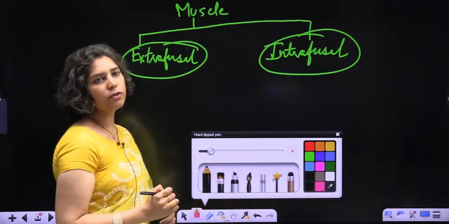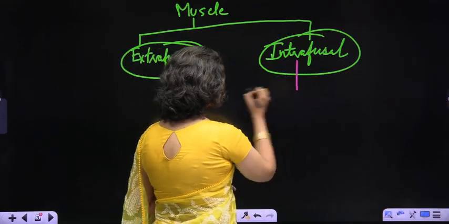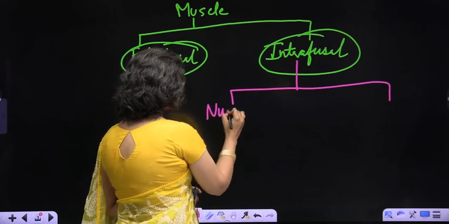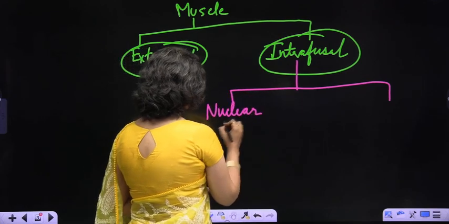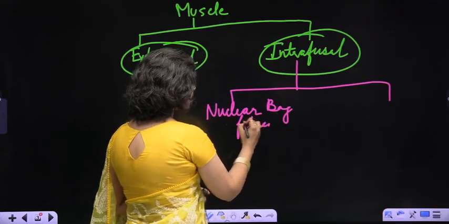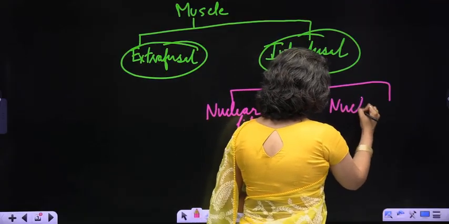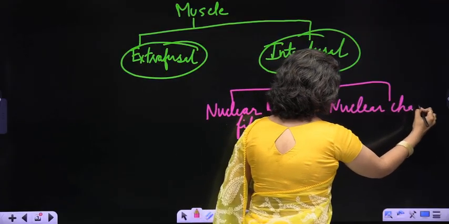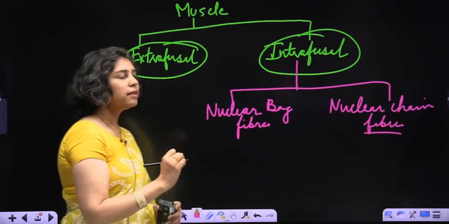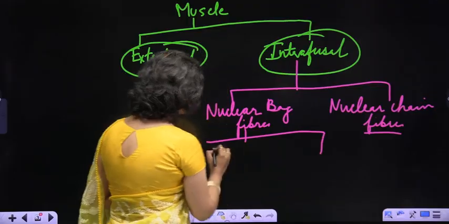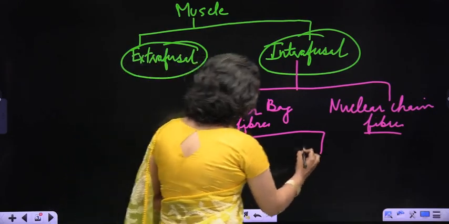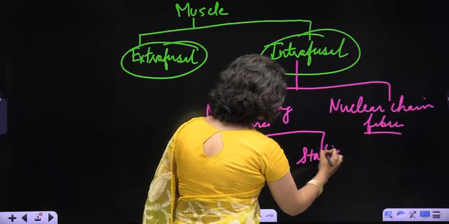Now these intrafusal fibers are again of two types. First are the nuclear bag fibers, and second are the nuclear chain fibers. Again, the nuclear bag fibers are of two types, dynamic nuclear bag fibers and static nuclear bag fibers.